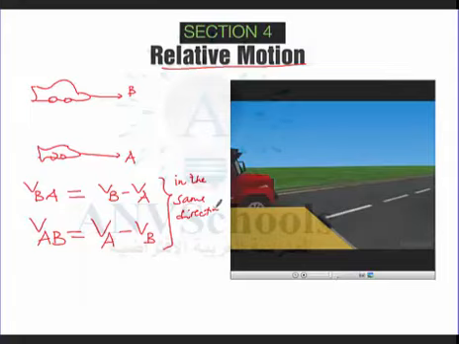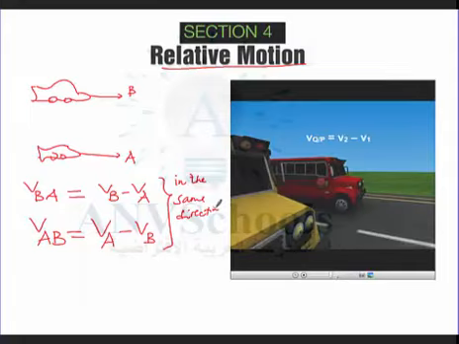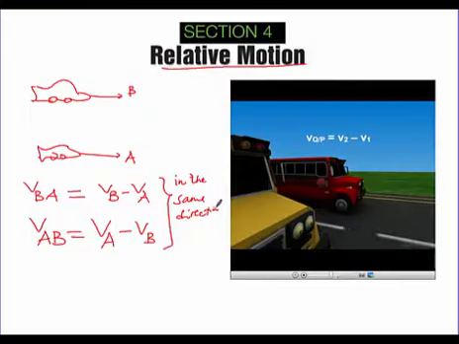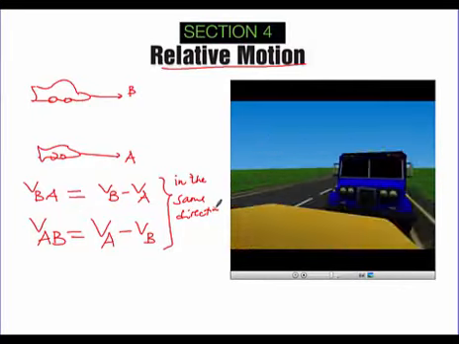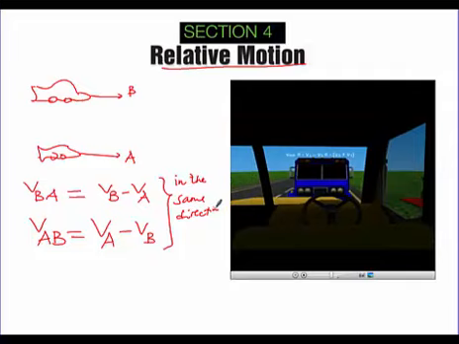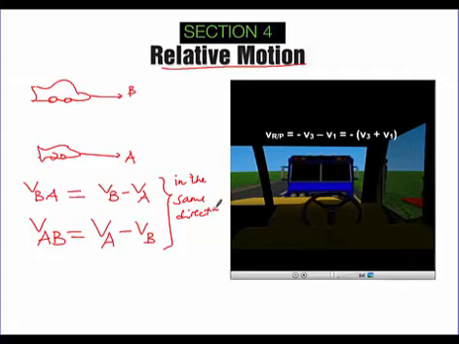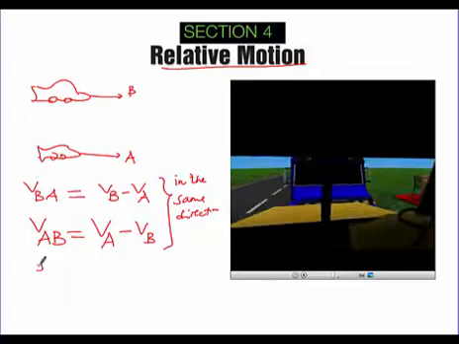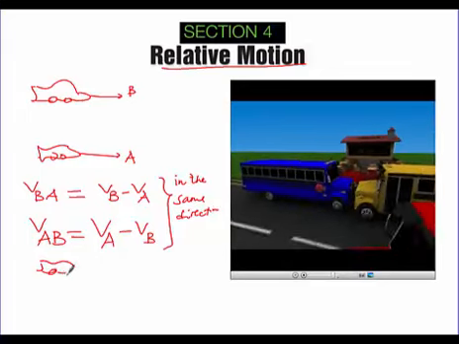The second case is the one we see here in the figure, where the two cars are heading towards each other. The yellow and the blue car are moving towards each other, in opposite directions.